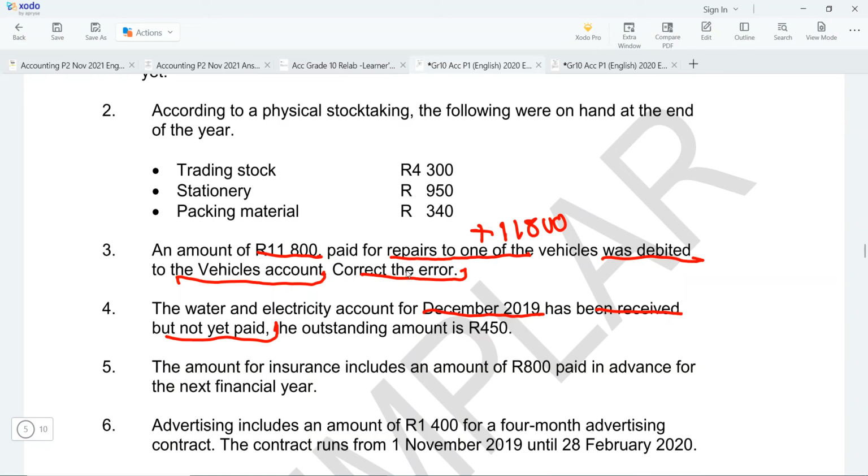Accrued... remember, all expenses that are payables. So remember, we're dealing with the income statement.